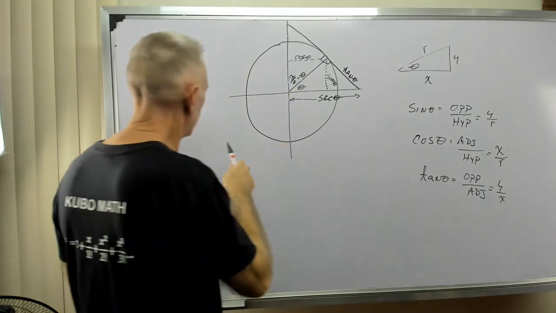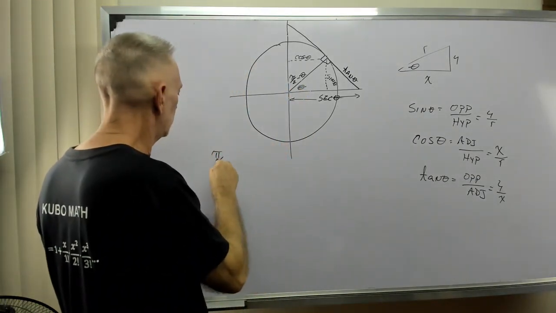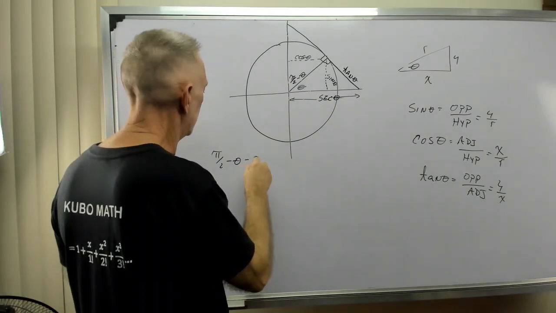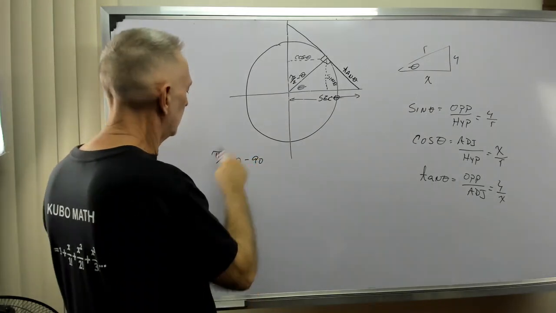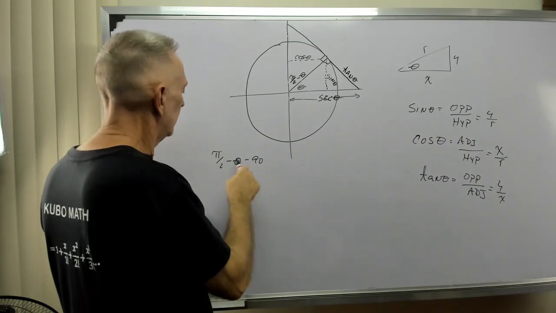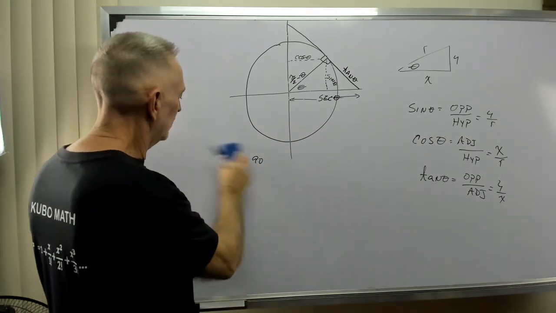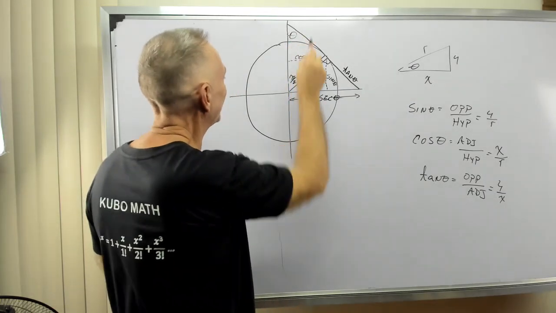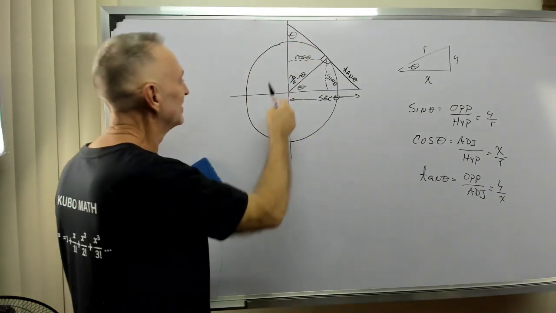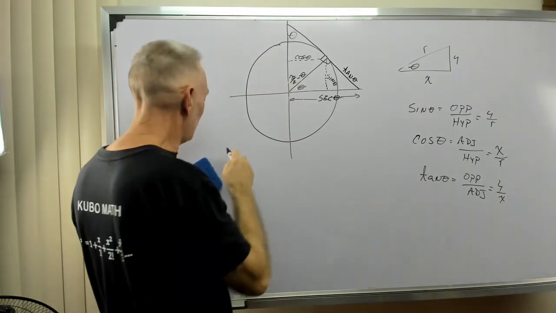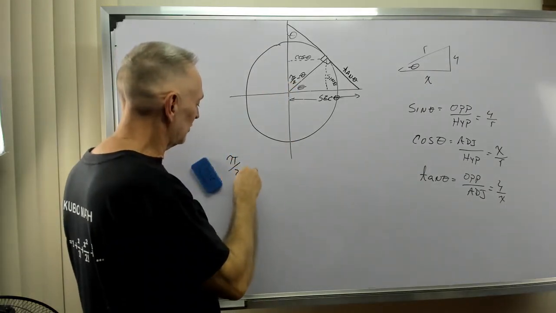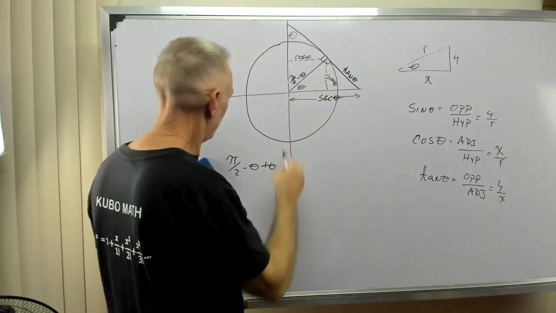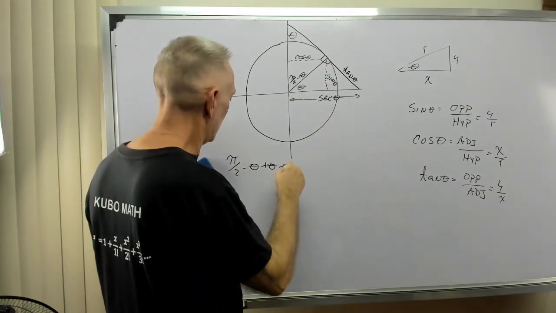Well, I have pi over 2 minus theta minus 90. Well, let's not do it that way. This is going to be theta right there, because it'll be pi over 2 minus theta plus theta minus 90.